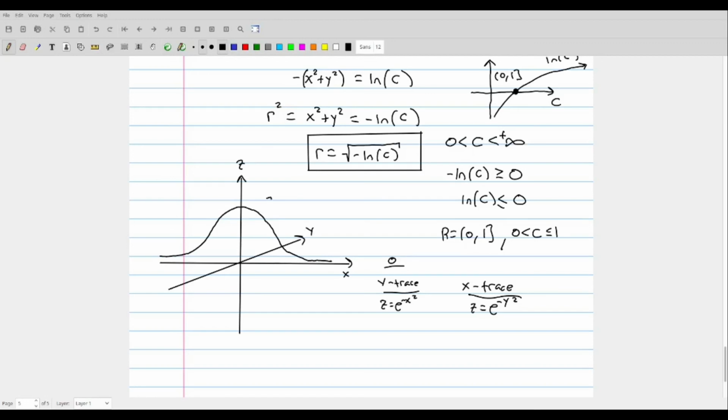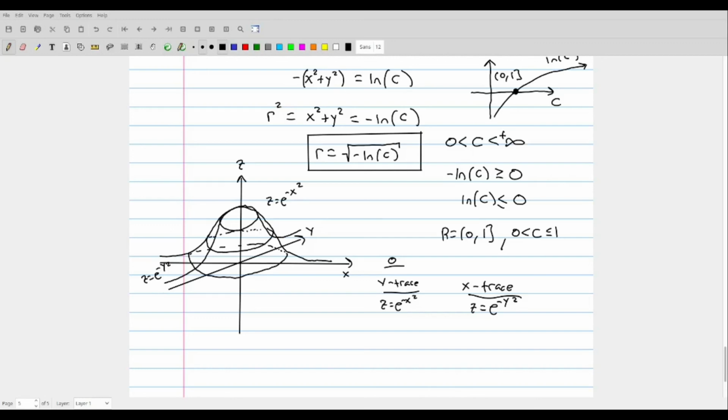This is the function z equals e to the negative x squared. And along the y-axis, you also have this same shape. It's the function z equals e to the negative y squared. And if you do the traces along z, or the level curves of this function, you'll see that the level curves are all circles. Which is why this function is sometimes called a bump function. It's like a bump at the origin.